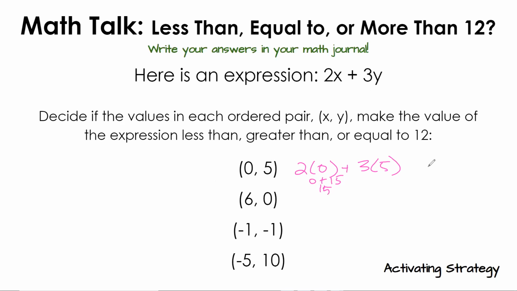Greater than. So you're going to say 15 is greater than 12. Okay. Look at the next one. If I plug in 6 comma 0, I get 2 times 6 plus 3 times 0. What's 2 times 6? 12. 12 plus 0 is going to give me 12. Is 12 greater than, less than, or equal to 12? Equal to.